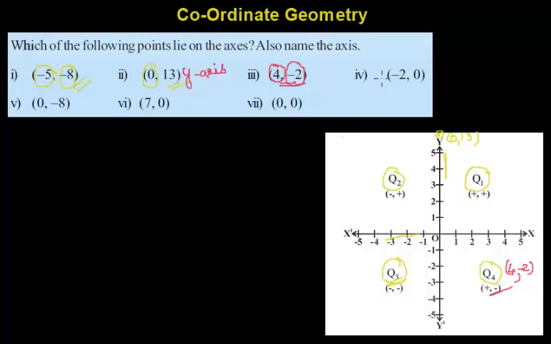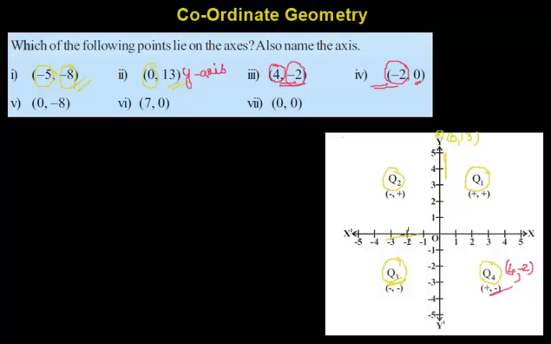Now, let us take the fourth point. In this, the abscissa is negative and the ordinate is 0. Now, let us try to identify this point. -2 means 2 units away from y-axis and to its left.